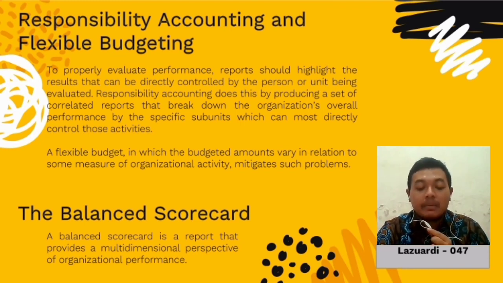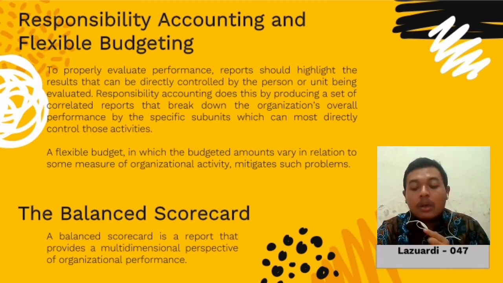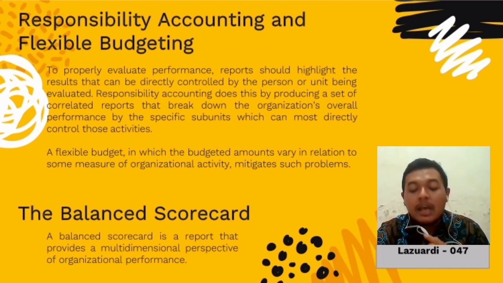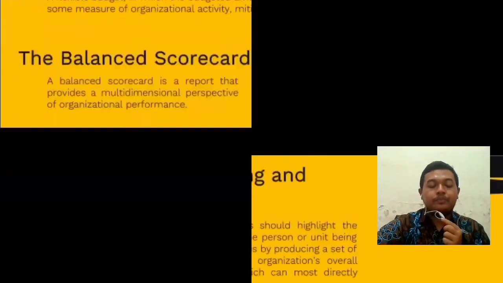For each dimension, the balanced scorecard shows the organization's goal and specific measures that reflect performance in attaining those goals. Together, the four dimensions provide a much more comprehensive overview of organizational performance than that provided by financial measures alone.